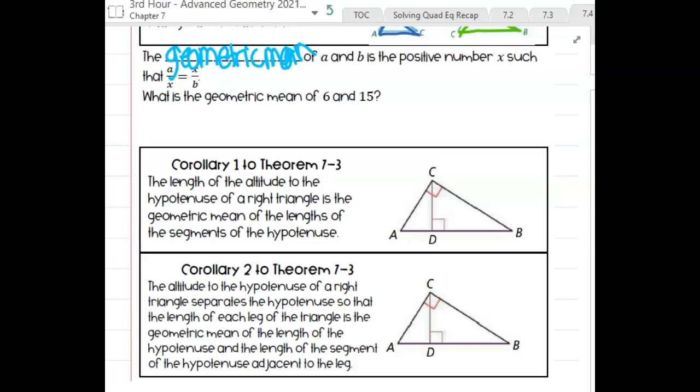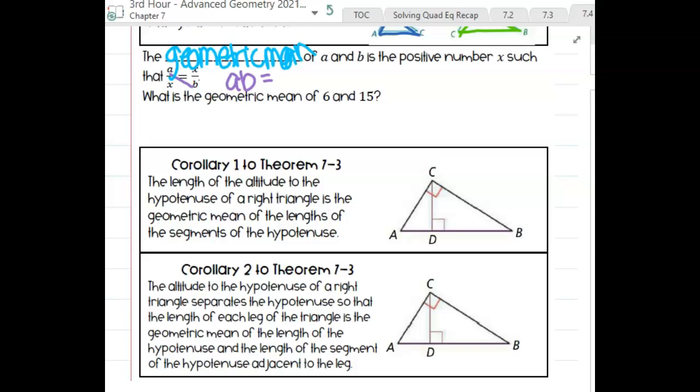Those two numbers are called the extremes. Although we don't know what a and b are, it's a proportion. We solve a proportion using cross products, so it's not numbers, it's variables, but we can still go through this. If I were to do cross products, I would take a times b, which would just give me ab.